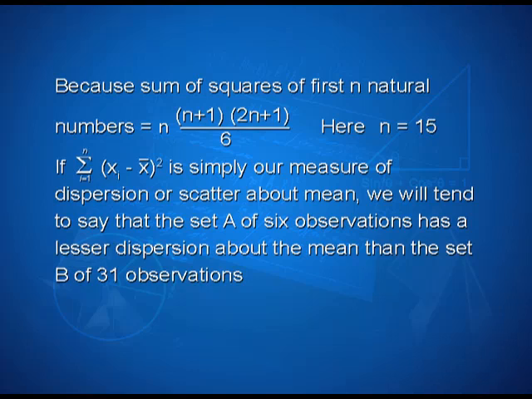If summation i varying from 1 to n of (xi minus x bar) whole square is simply our measure of dispersion or scatter about the mean, we will tend to say that the set A of 6 observations has a lesser dispersion about the mean than the set B of 31 observations.